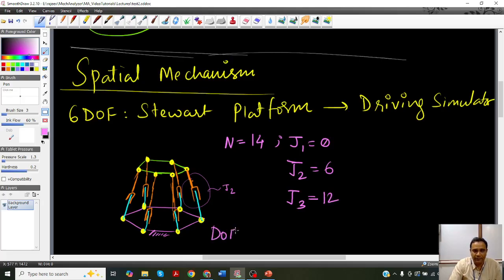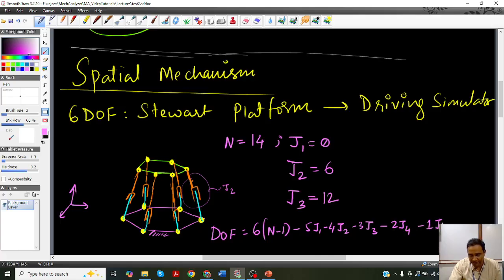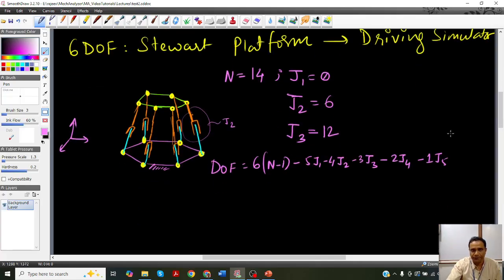Now degree of freedom, if you remember, the factor is 6 now because it is a spatial system. It's important we draw this diagram. It's a spatial system: 6 into n minus 1, minus 5 j1, minus 4 j2, minus 3 j3, minus 2 j4, and again you should add them up, j5. Now 6 into 14 minus 1, minus 5 j1 is 0, 4 j2 is 6, minus 3 into 12 and other things are there.